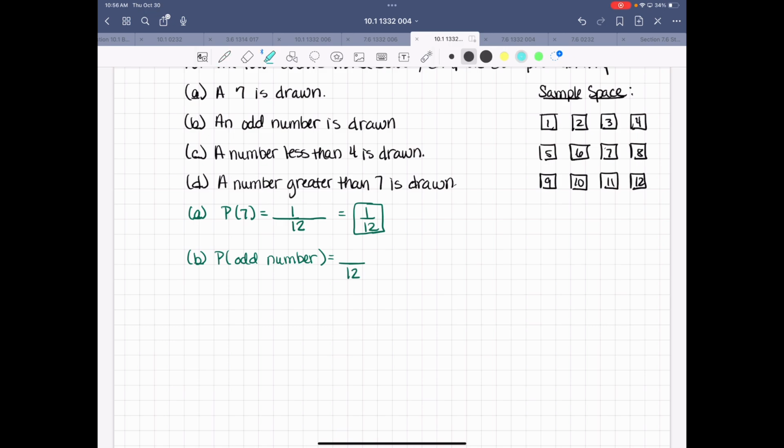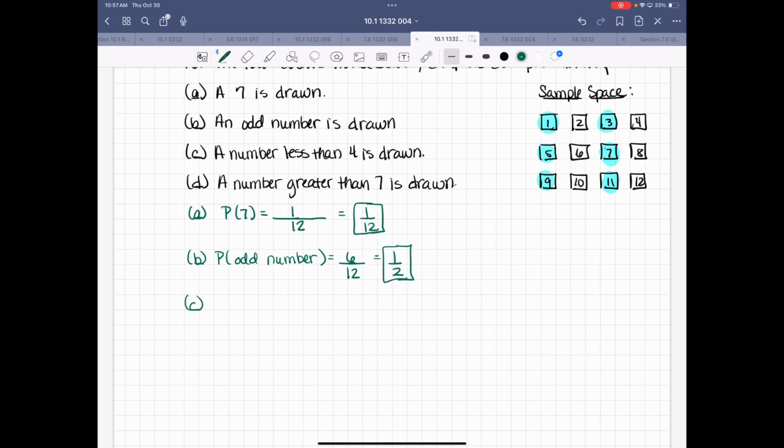Now, I need to know how many odd numbers there are in that box. 1, 2, 3, 4, 5, 6, that's correct. You have 6 possibilities of getting an odd number, right? 6 out of 12. So the probability of you drawing an odd number is 1/2 or 50%.